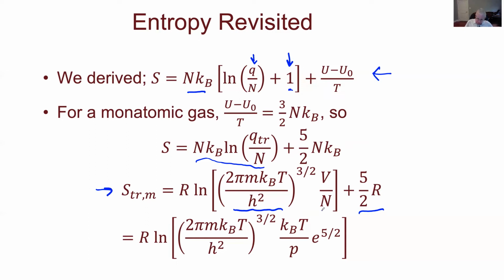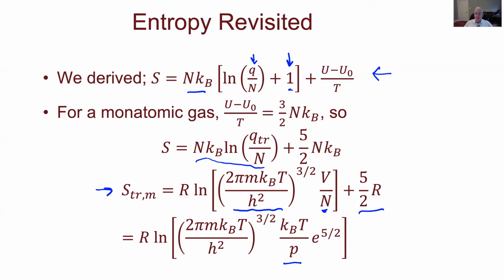You'll notice I left an N in here, but that's because I want to do another bit of juggling with that one. I'm going to take the V over N piece and use the gas law to replace that with this term here. In that last line on the bottom, I've also pulled the 5/2 R from outside of the logarithm brackets and into the inside, right?